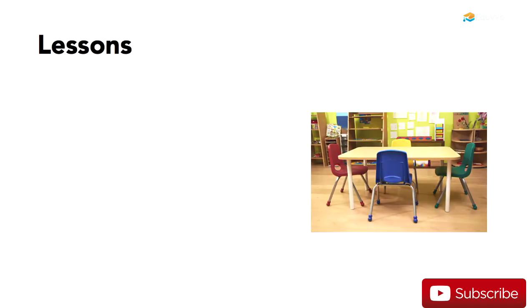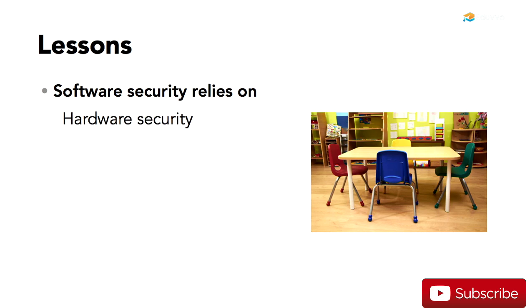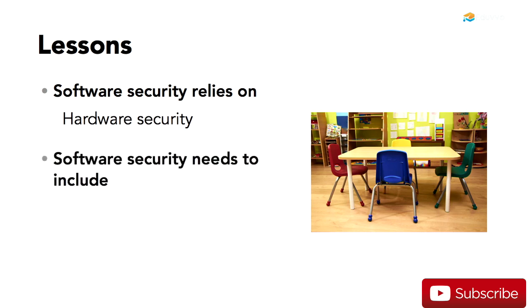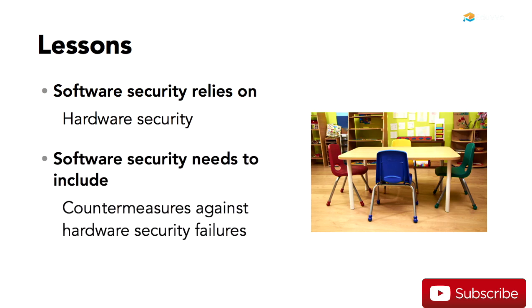We need to realize that software security relies on hardware security or physical security. As a result, software security needs to include countermeasures against hardware security failures.